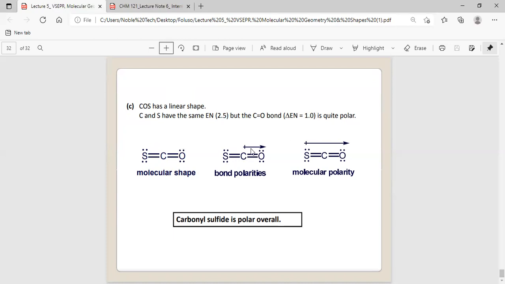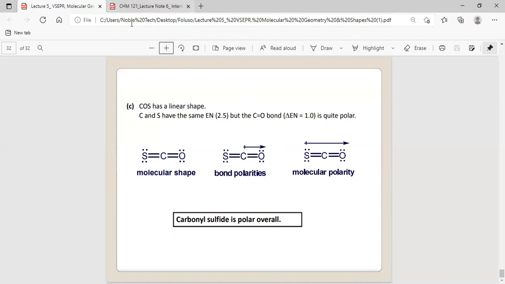So because of that, you have a polarization of the bond towards oxygen and an induced polarization of sulfur towards carbon. Induced in the sense that this is polarized towards that, and these are of the same electronegativity. So you have an induced polarization towards carbon.